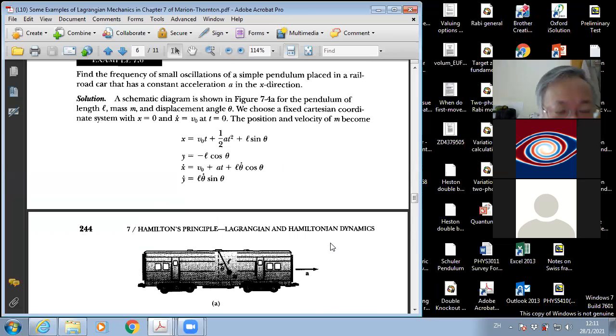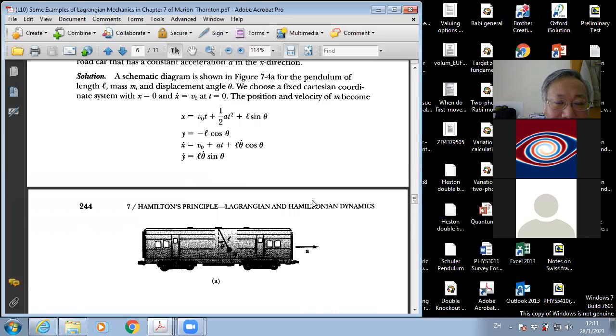So we write down the x coordinate, y coordinate of the particle. Obviously, if we set x equal to 0 and x dot equal to v naught at t equal to 0, then the x at any time t is equal to this.